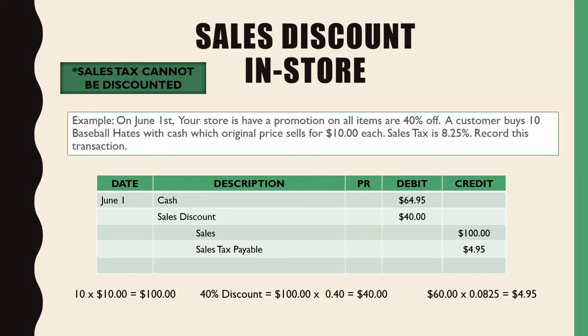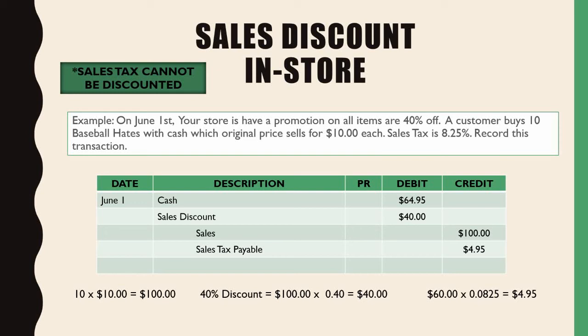So here is a good explanation, right? When we do this, the first thing we have to do is recognize our sales. If I sold 10 baseball hats at $10 each, my total sales is $100. Boom. Okay?